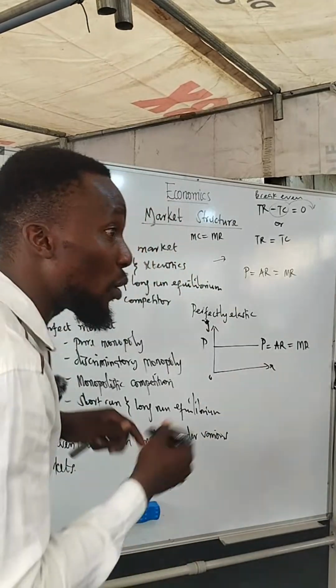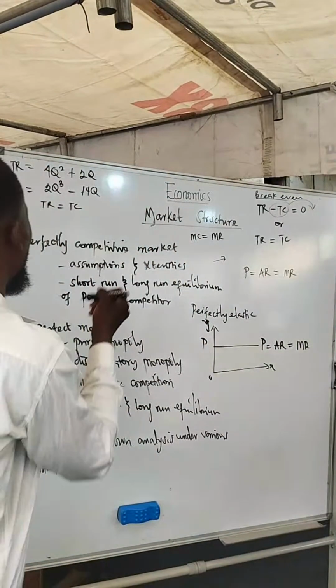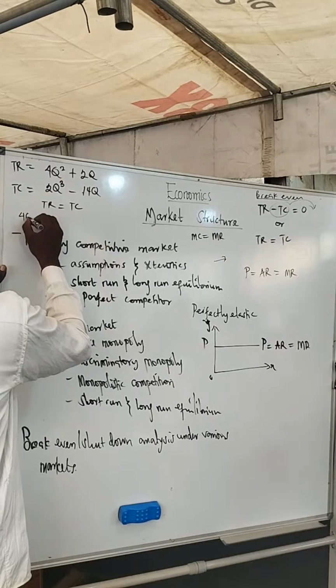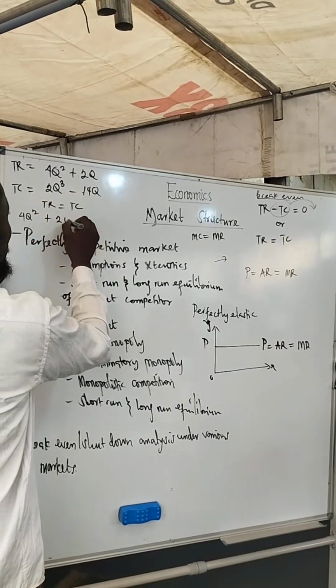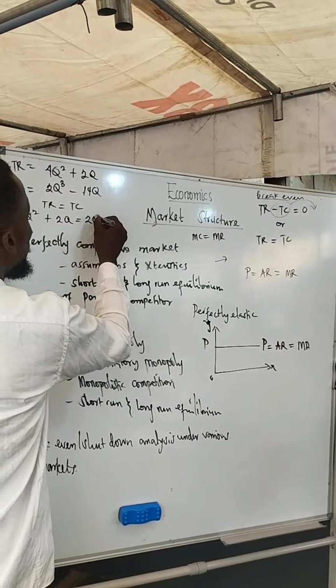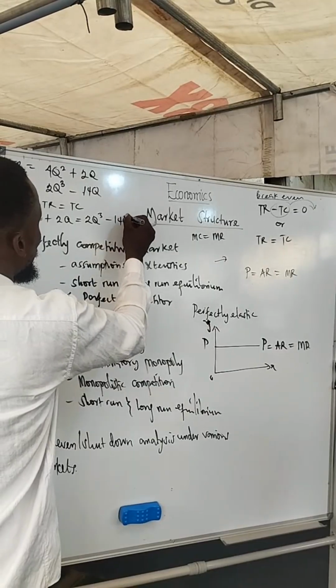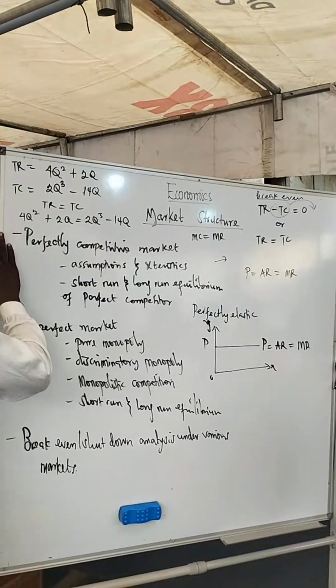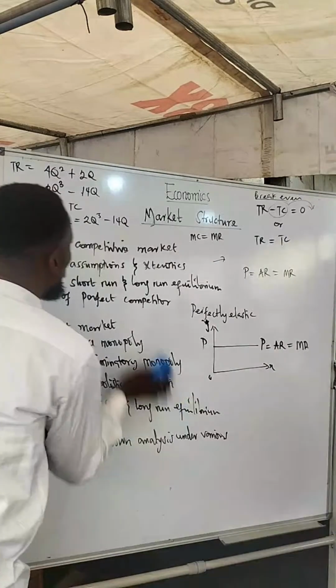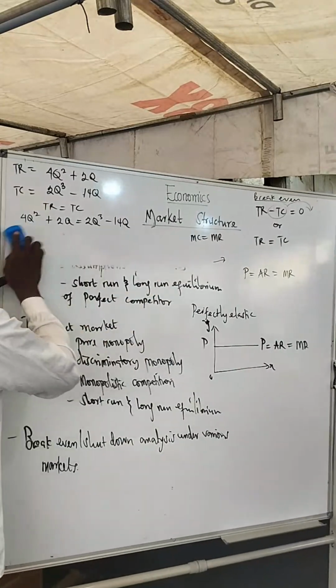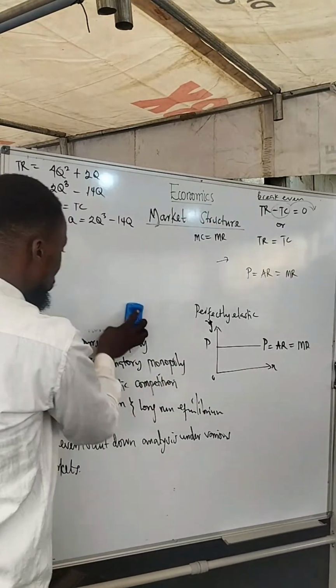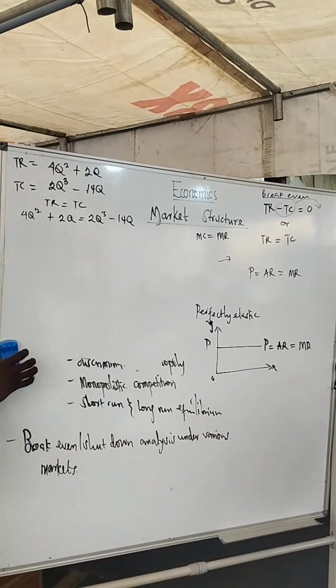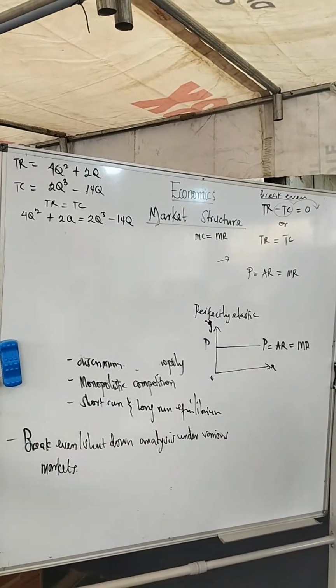In other words, if I want to calculate my break-even here, I will say 4q squared plus 2q equals 2q cubed minus 14q. This is the break-even point. If I have to continue to calculate, which is not what I want to show you anyway, are you with me? But you need to understand this. Once you have a very strong knowledge of something, others will be very easy.